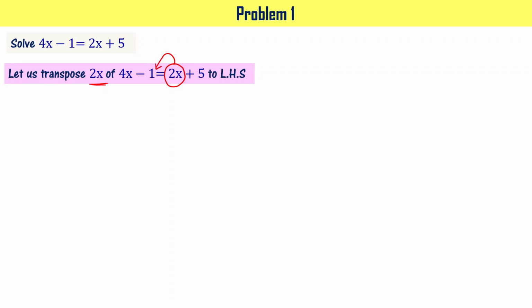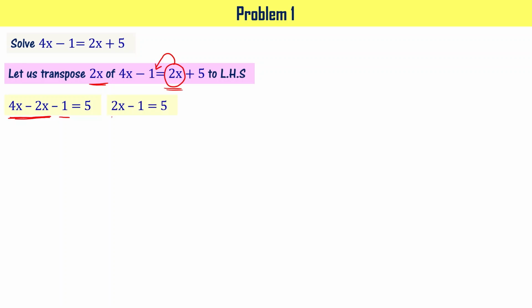When you do that, this 2x, when it goes to the other side, becomes minus 2x, right? Let me write that. So it can be written as 4x minus 2x minus 1 equal to 5. Got it? When you simplify it, you can say that 4x minus 2x is 2x. Let me write that. 2x minus 1 equal to 5.